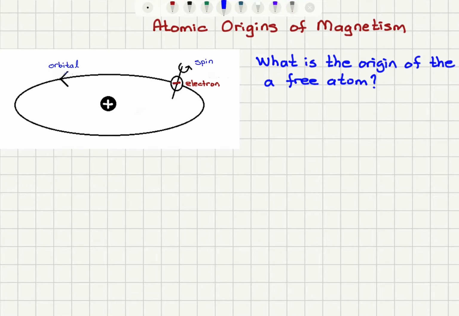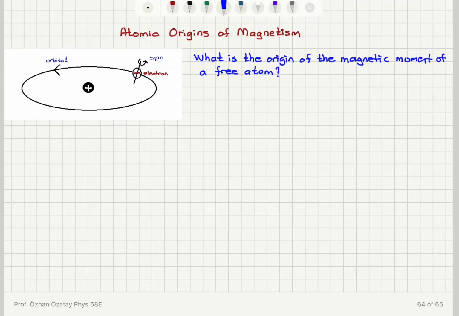Furthermore, we can introduce an external magnetic field that may affect the orbital motion and the spin of the electron. So the answer to this question is we have contributions from three possible motions of the electron.